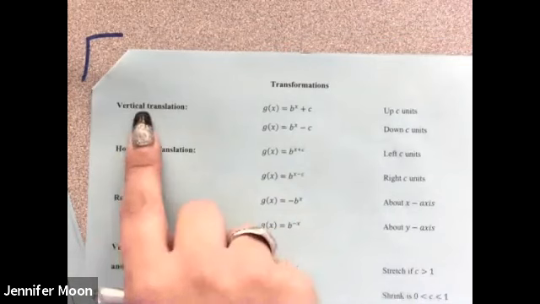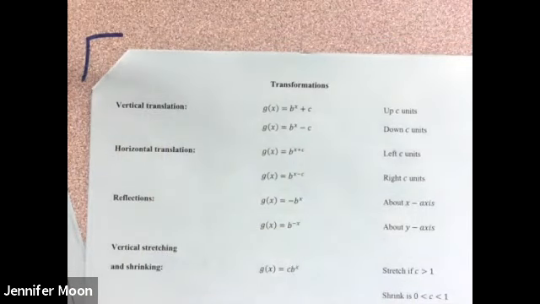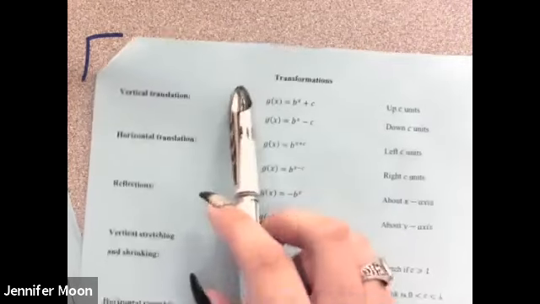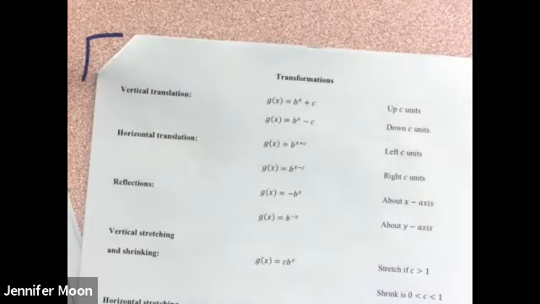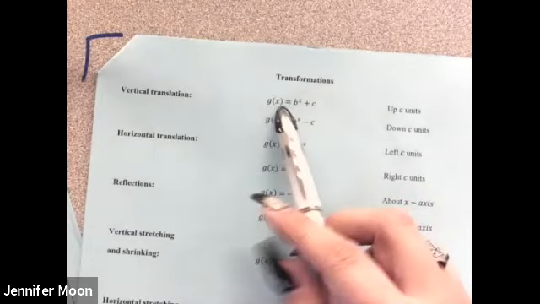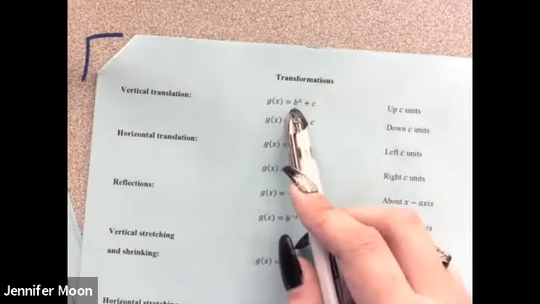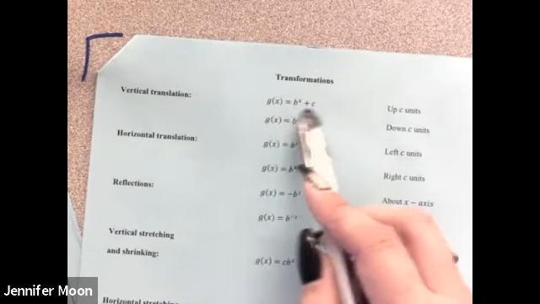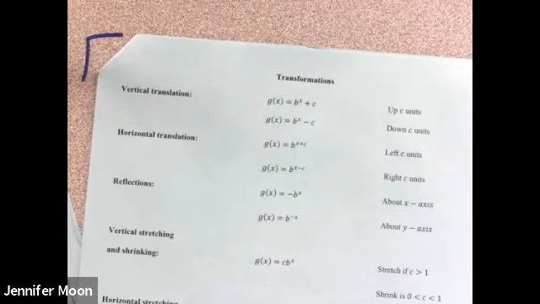Okay, so if we have a function and it has me apply these transformations to it, I knew that was coming. For vertical translations, say our function looks like g of x equals b to the x plus c. So this is a constant being added, right?